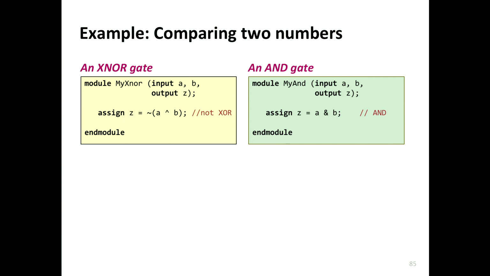So whenever there is exactly one 1 in the inputs, your output is 1 for an XOR gate, and these two will be 0. And it's exactly the other way around for an XNOR gate. So you have 1, 0, 0, 1 for an XNOR. What this basically tells you is that whenever both A and B are equal, you have a 1. Whenever A and B are different, you have a 0.